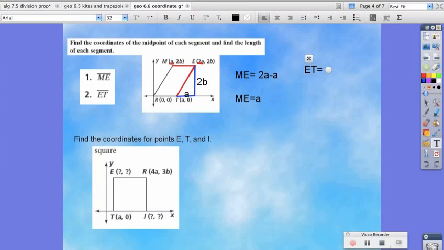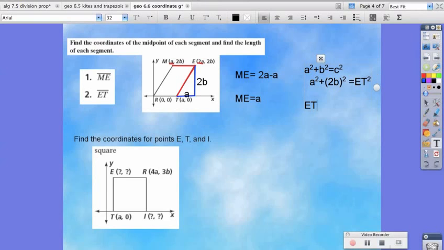So ET is actually, if you think about it, the Pythagorean theorem. So it's used to being A squared plus B squared equals C squared, where C is the hypotenuse. And because the hypotenuse in this instance is ET, then we have ET squared equals, and we know that our A is obviously A in this instance, so A squared plus (2B) squared equals ET squared.